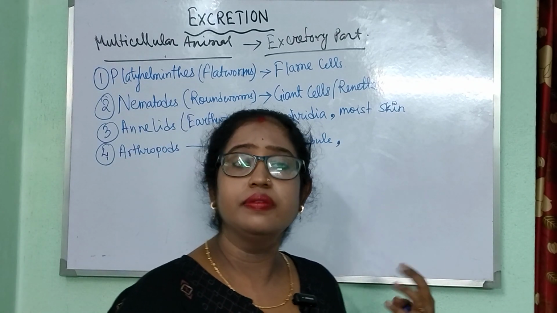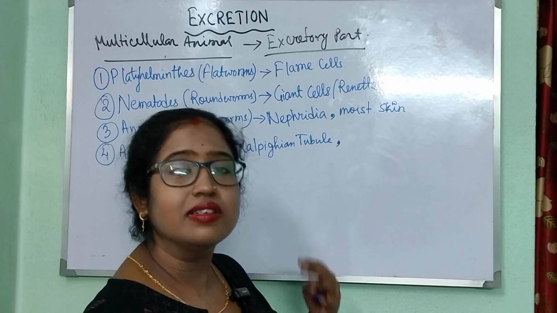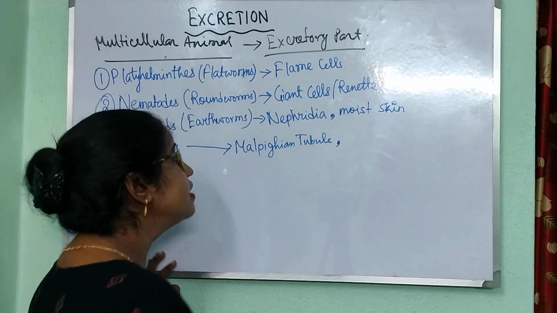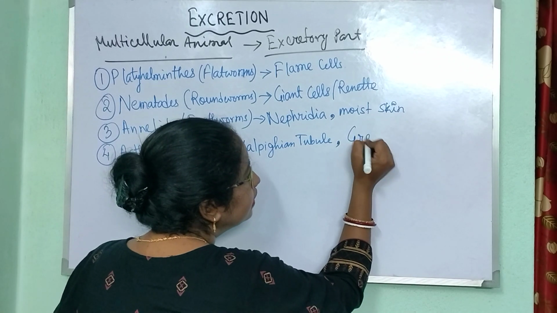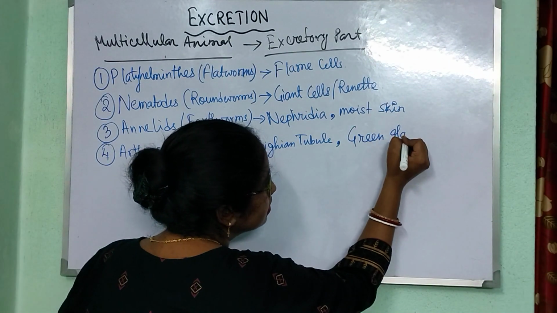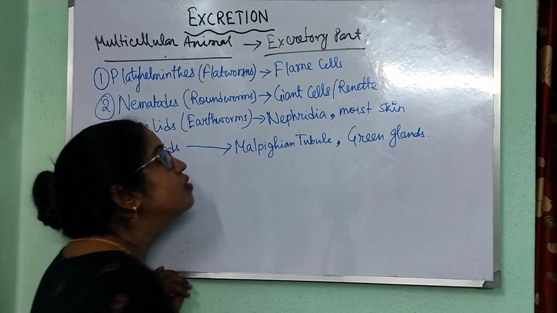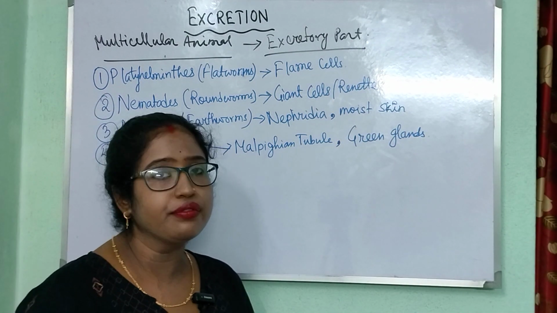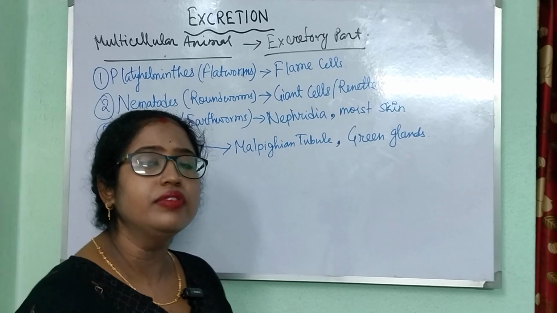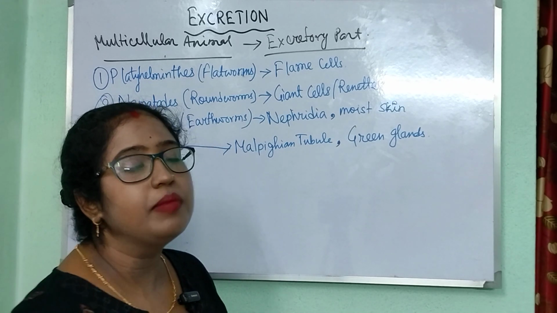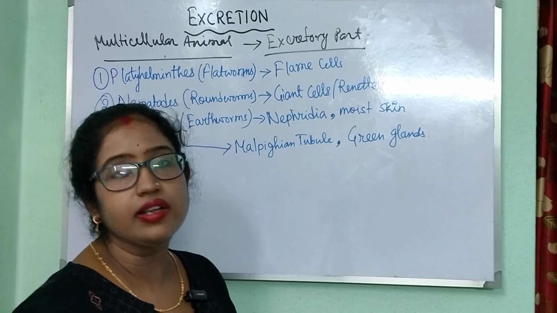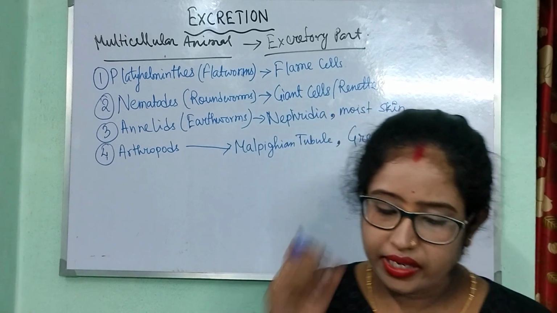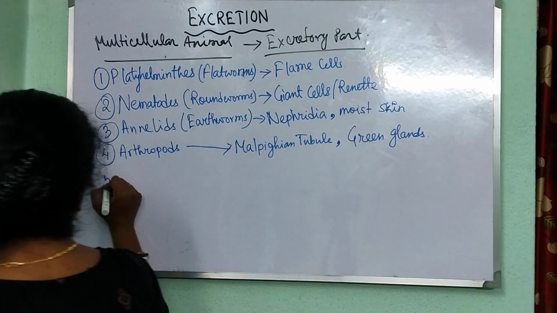Some other arthropods, like the spiders, excrete their products via the green glands. So there are two types of excretory organ: first is the Malpighian tubule and second is the green glands. Some arthropods have Malpighian tubules as their excretory organ, and some of them have green glands.